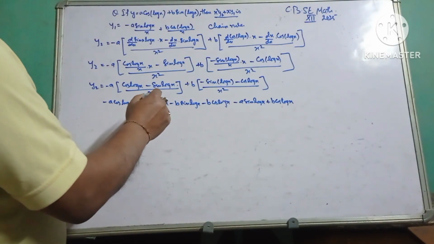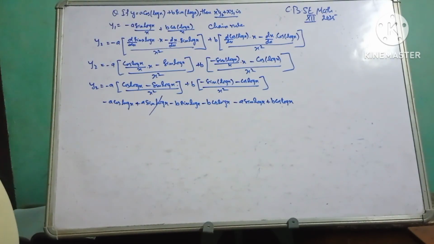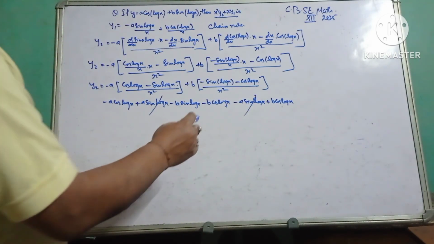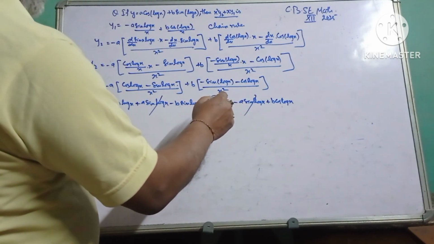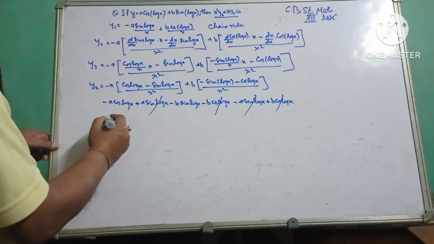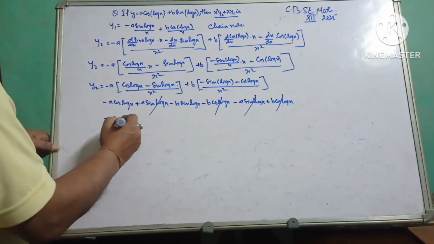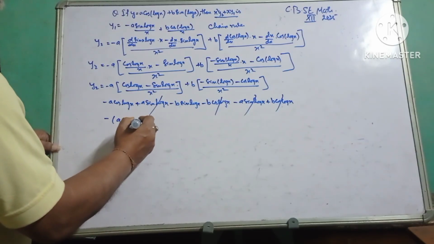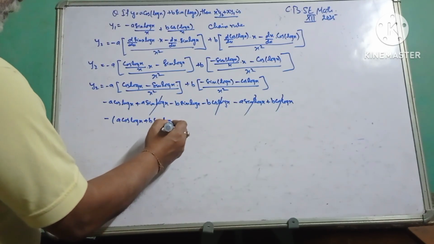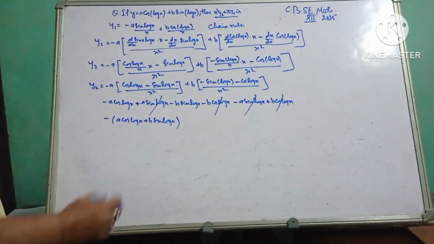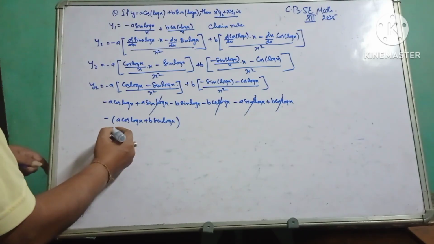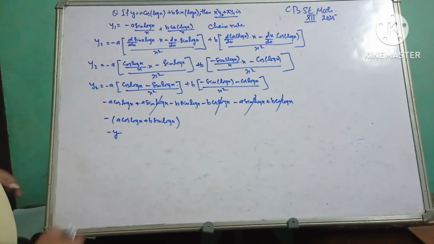You see that minus a sine log x plus and minus this cancels out, again b cos log x cancels out, and if you take minus common, this will be a cos log x plus b sine log x, and now you see that this value is y. So your result is minus y.